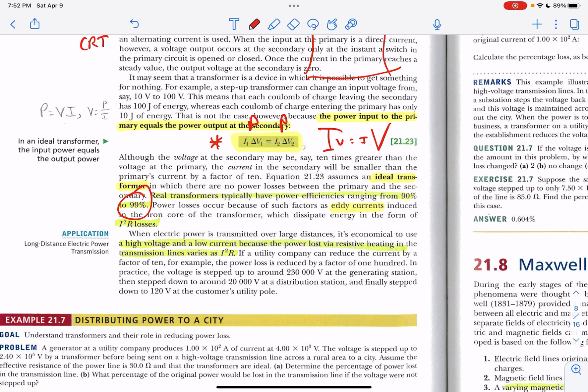And therefore, the amount of energy that you lose is very, very small and primarily dependent upon these I squared R losses. And you'll notice that it's I squared, which means if you double the current, your I squared loss can be 4 times greater, 2 squared times greater. If you triple the current, it can be 9 times greater in terms of the amount of energy you lose.